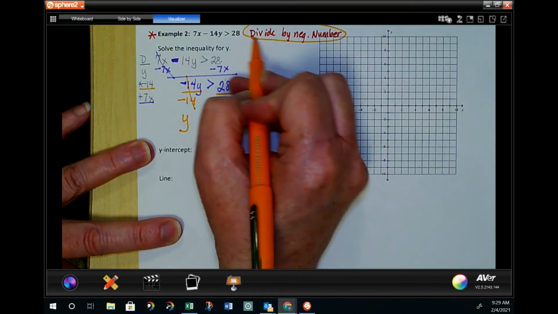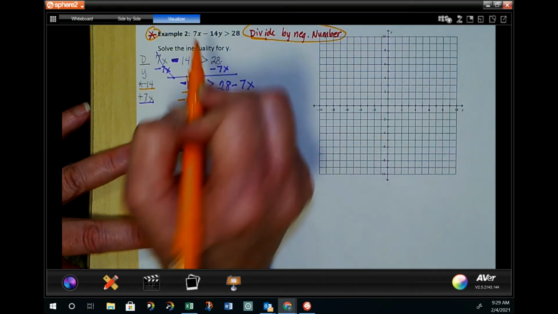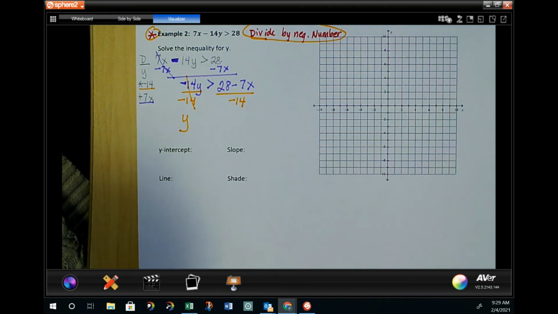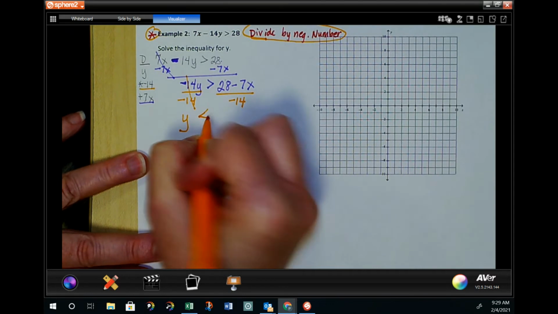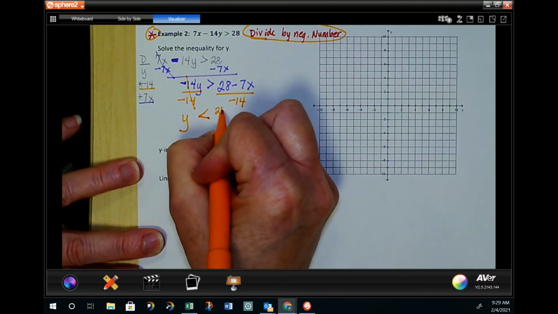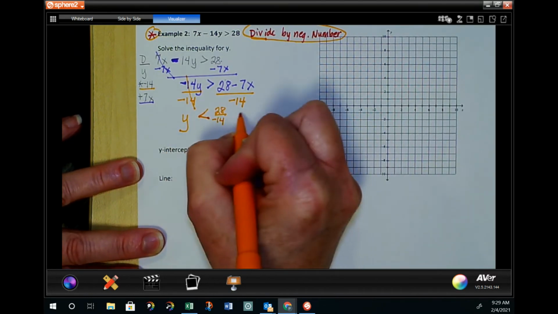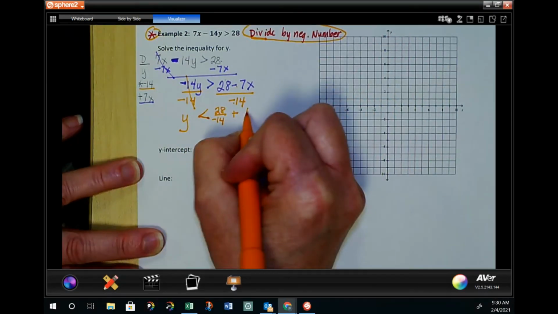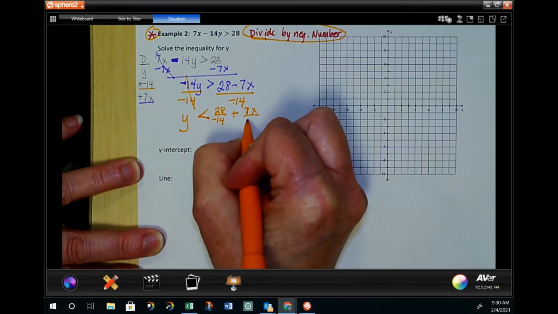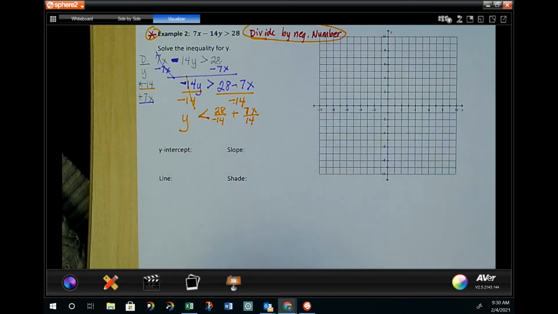I divided by a negative number. That's a trick. When you divide by a negative number, remember you have to flip that inequality sign. And now you're going to have 28 divided by negative 14, and then 7x divided by 14. So we're going to simplify that.